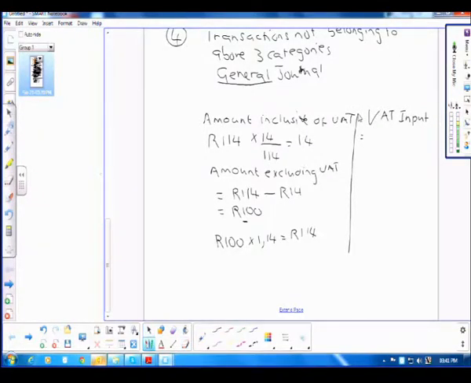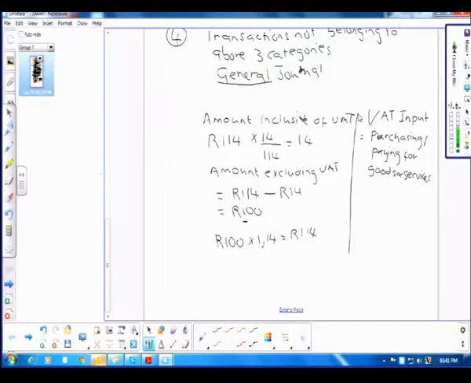Your VAT input is when you are purchasing or paying for goods and services. All right, so that's the VAT input.